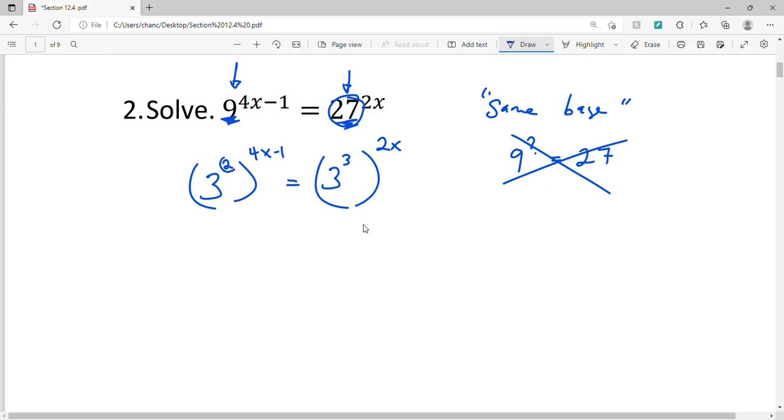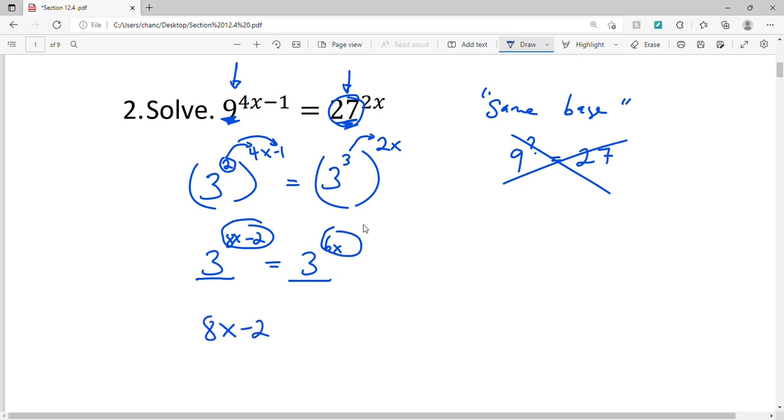Now we can distribute this 2 through the exponent, and we can multiply this 3 with the 2x. This gives me 3 raised to the 8x minus 2 is now equal to 3 raised to the 6x. Since the bases are the same, we can equate the exponents. 8x minus 2 is now equal to 6x.